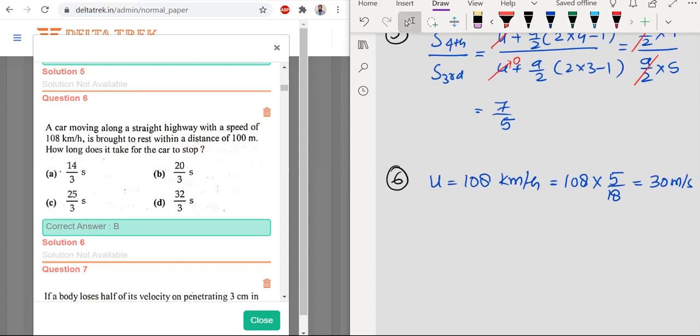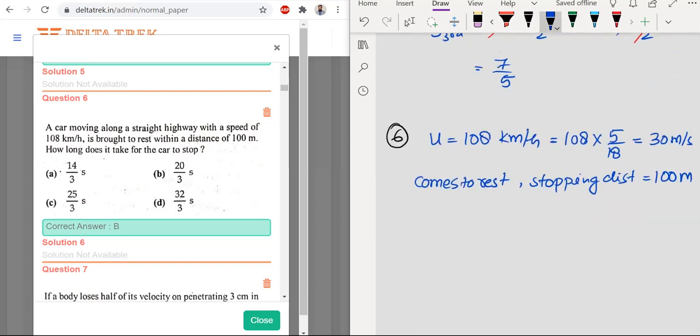Now it is brought to rest within a distance of this. It comes to rest. That means what is given to you? Stopping distance is given. How much is that? It is 100 meter. We know the formula for stopping distance, s equals u square upon 2a.